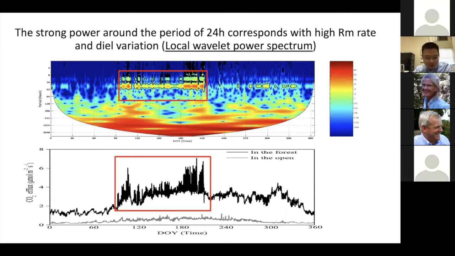We can see that most of this 24-hour period happened from April to July in the growing season, and this 24-hour period also corresponds to the high RM in the year.